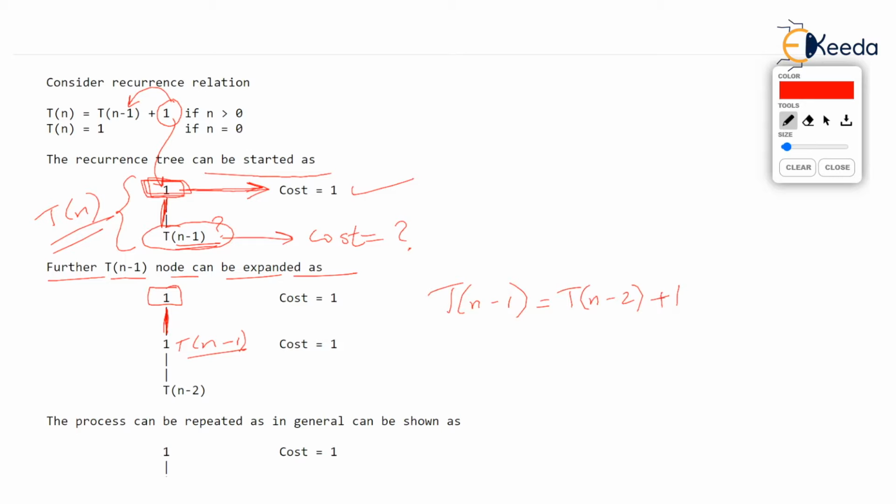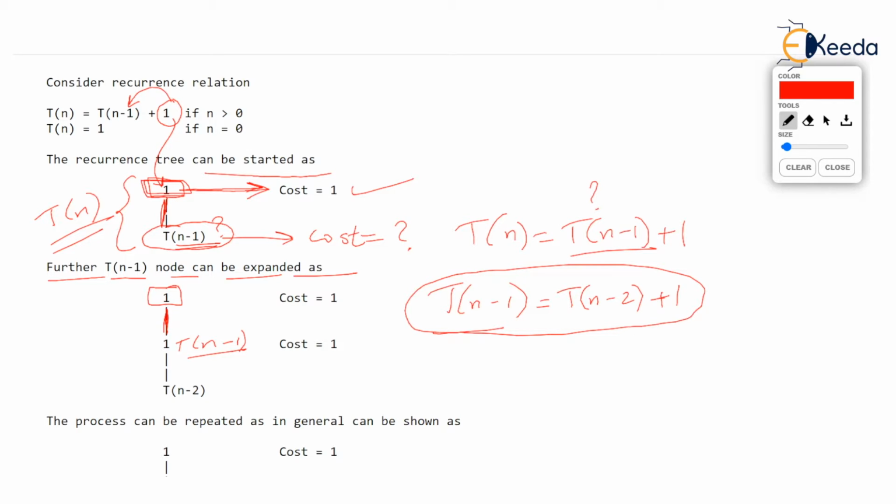Observe that we did exactly the same thing in the substitution method. We said if T(n) is given as T(n-1) plus 1, then what is going to be T(n-1)? If you simply put n as n-1, we will get T(n-1), and T(n-1) will become simply T(n-2) here, and plus 1 will remain, isn't it?